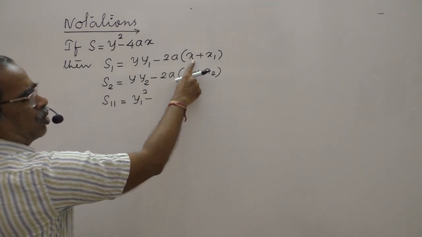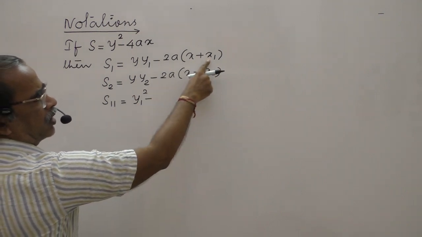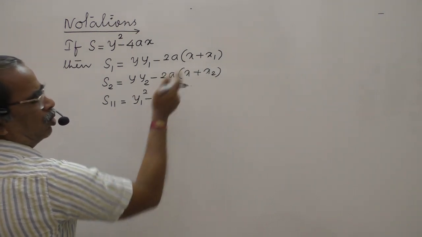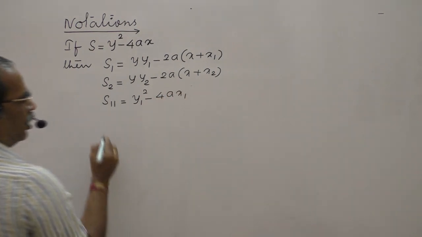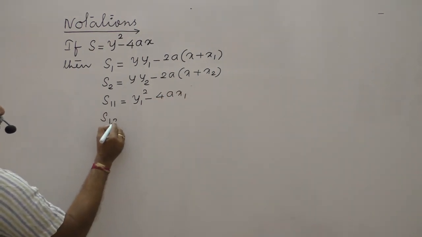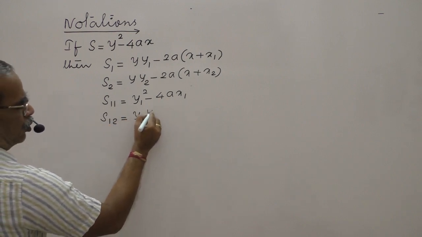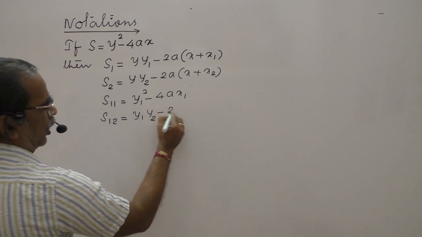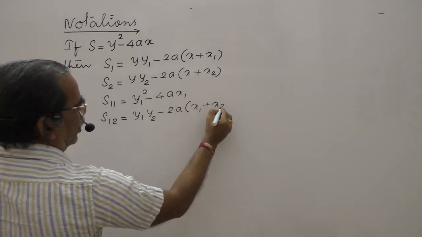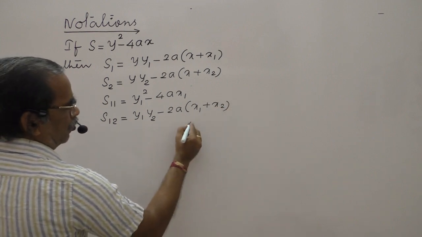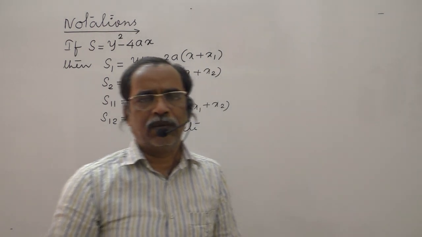Here also you should write x1 because there are 2 indexes: x1 plus x1, 2x1 into 2a, which is 4a x1 only. If you want S12, there are 2 different indexes, therefore you should write y1 y2 minus 2a into x1 plus x2, etc. These are the notations which we will use in this chapter.